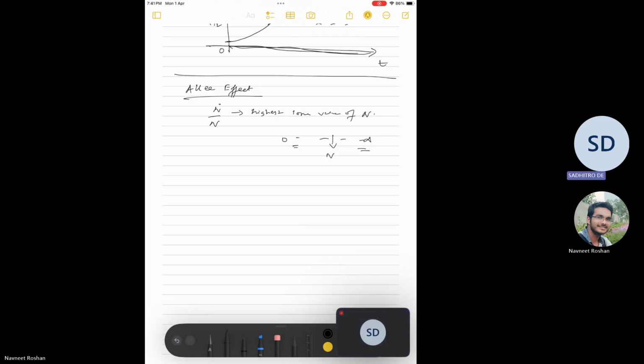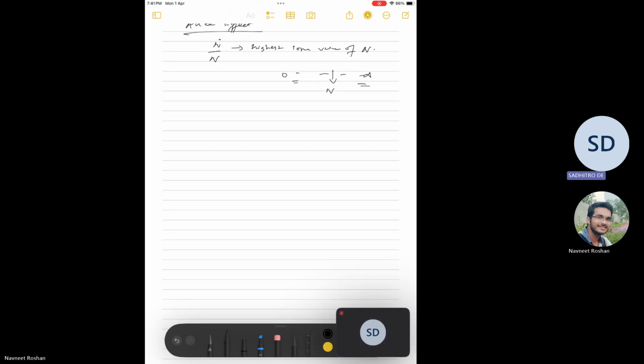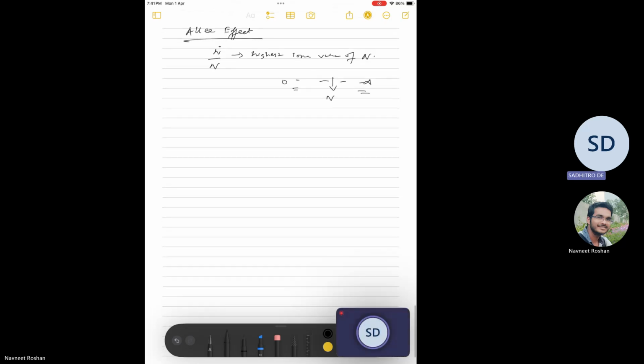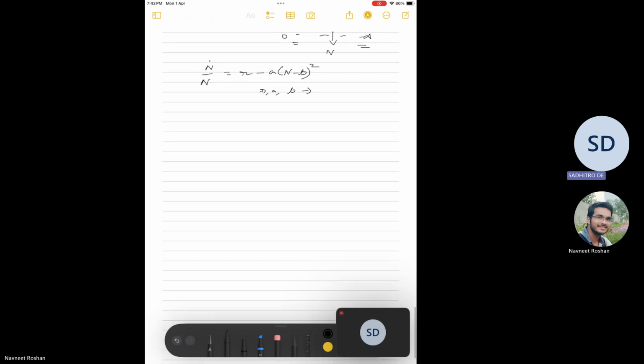Right. So another model which can describe such an intermediate growth rate is something like this: n dot by n equal to r minus a into (n minus b) whole square. Okay, where r, a and b, let us say these are constants.